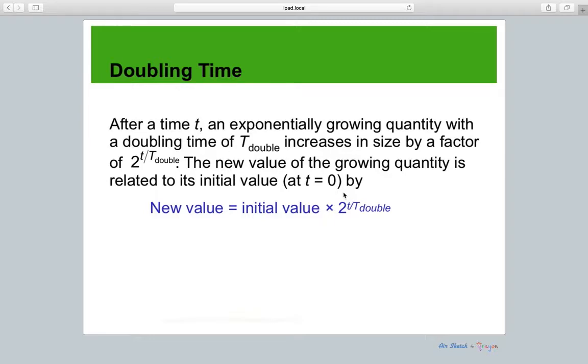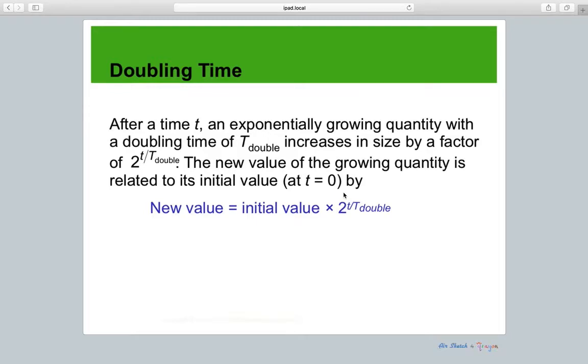After a time lowercase t, an exponentially growing quantity with a doubling time of uppercase T, T double, increases in size by a factor of 2 to the power of lowercase t over T double. The new value of the growing quantity is related to its initial value by this formula. So new value equals initial value times 2 to the t over T double.